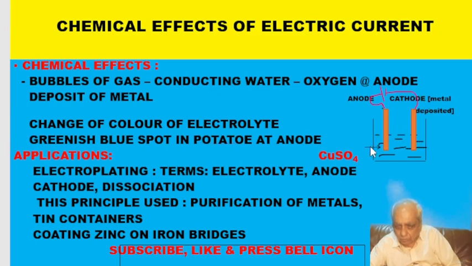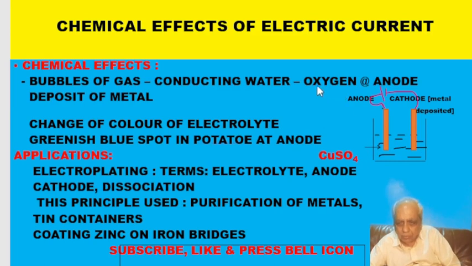The solution in which we pass current is called electrolyte. In this case, my electrolyte would be acidified water, and the vessel in which it is taken is called an electrolytic cell, and this process is called electrolysis.